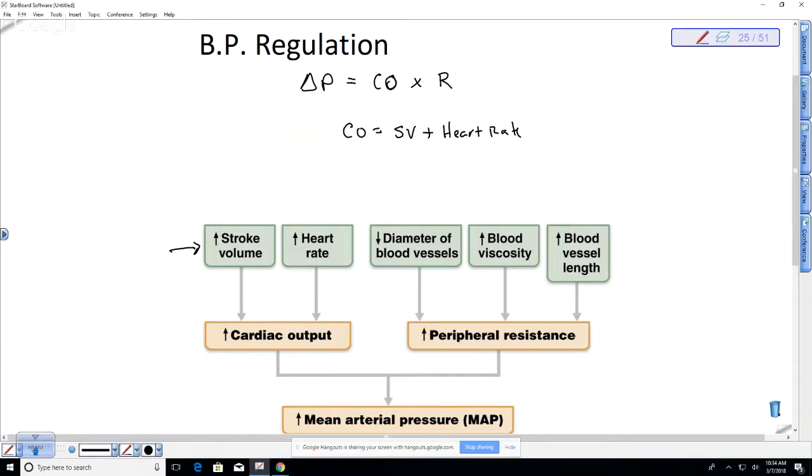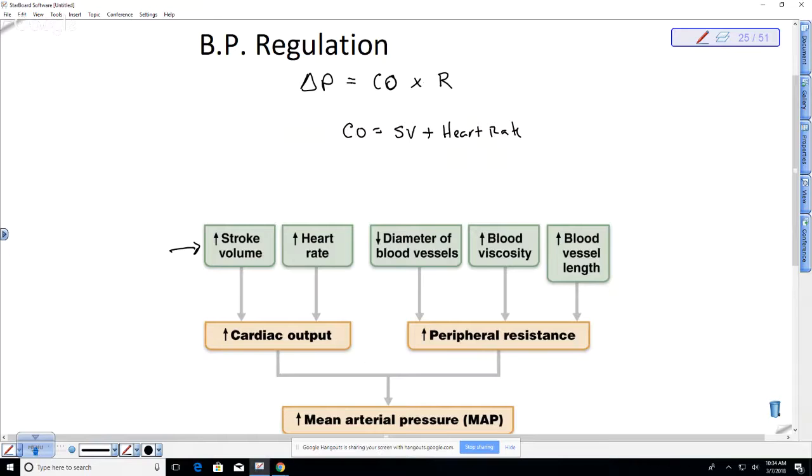That SV is stroke volume, you might want to write that out. If I increase my heart rate, I'm going to increase my blood pressure. If I increase the contraction of the ventricle and make it more forceful, I'm going to increase my stroke volume, and that's also going to increase my cardiac output.